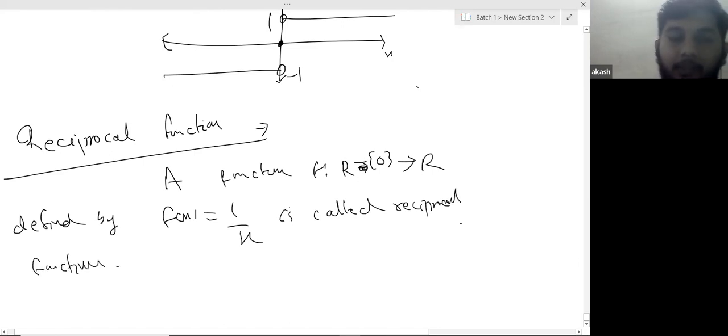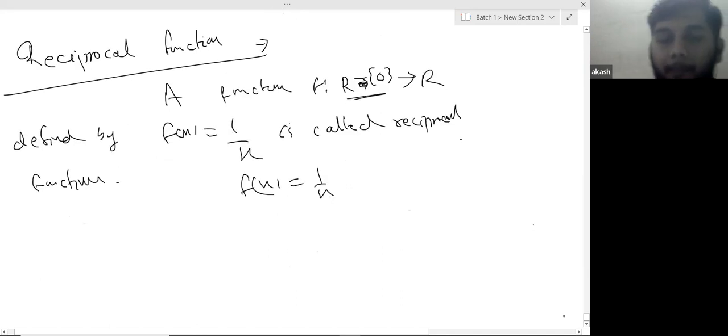Very easy. Why did we write here R minus 0? Because x cannot be 0, right? It's not in its domain. Clear?